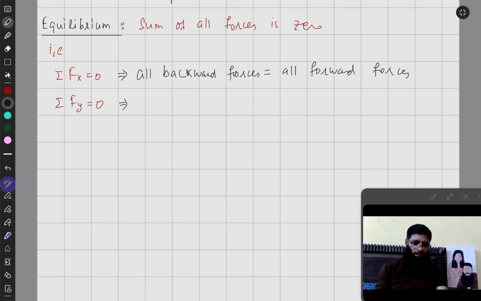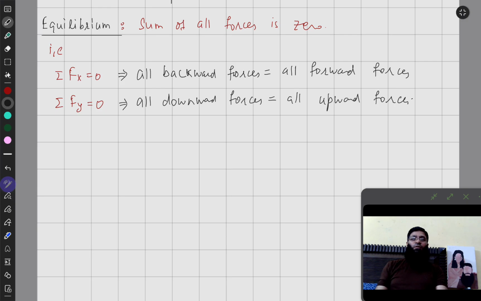And this one, the sum of all vertical forces will be equal to zero. It means that all downward forces will be equal to all upward forces.